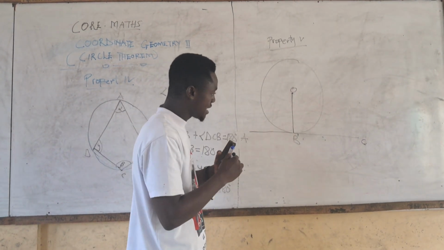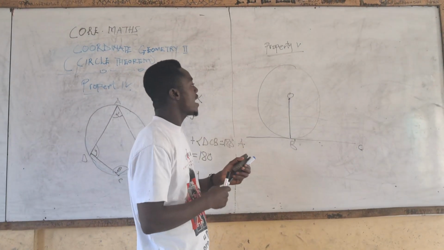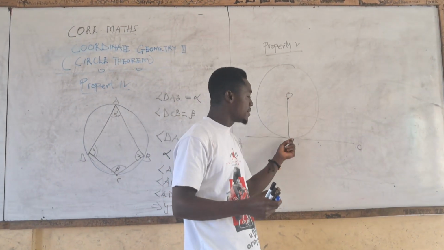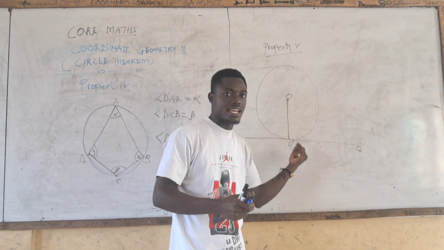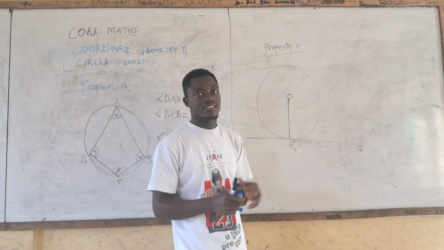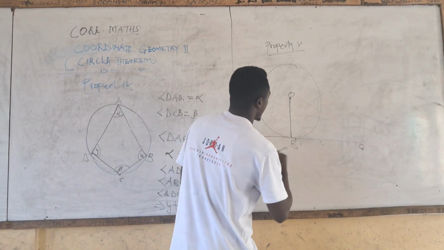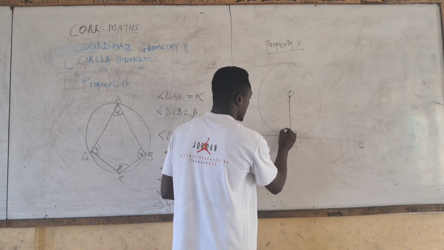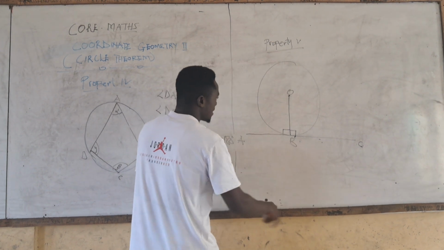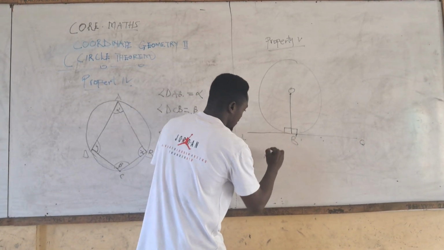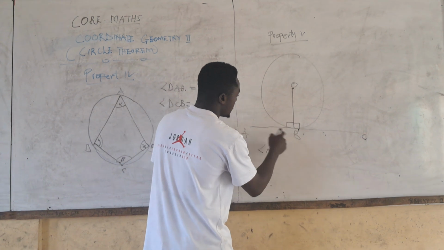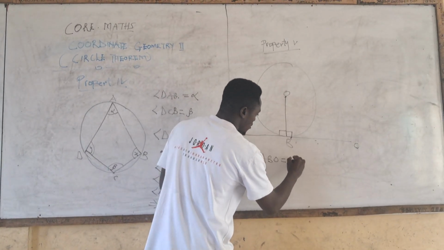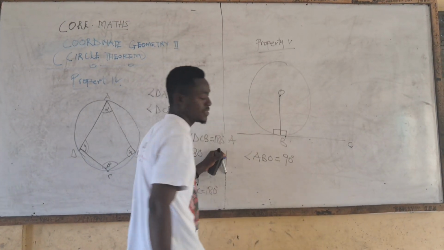What the property is saying is that wherever the radius and the tangent meet, they subtend an angle of 90 degrees. So you can say that here is 90 degrees, and here also is 90 degrees. Therefore, you can conclude that angle ABO is equal to 90 degrees.